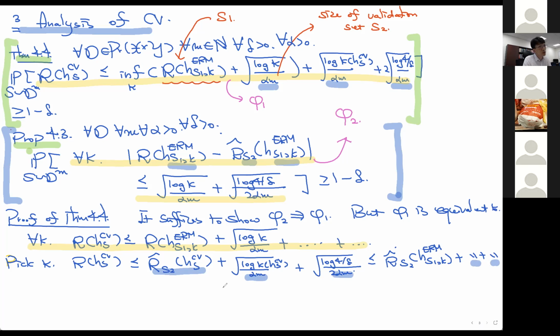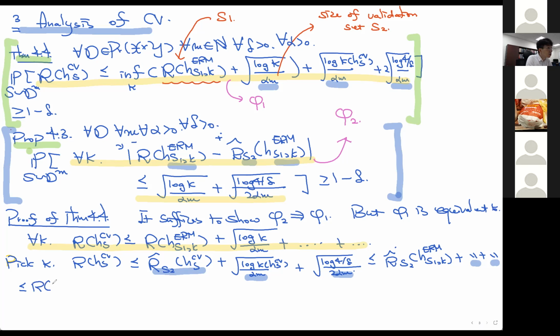Now we are using V2 again. This time, because V2 has an absolute value, we are using a different sign of the absolute value. So you can put a minus here and a plus here, and get an upper bound on the empirical risk. If you do so, then here's what we get.